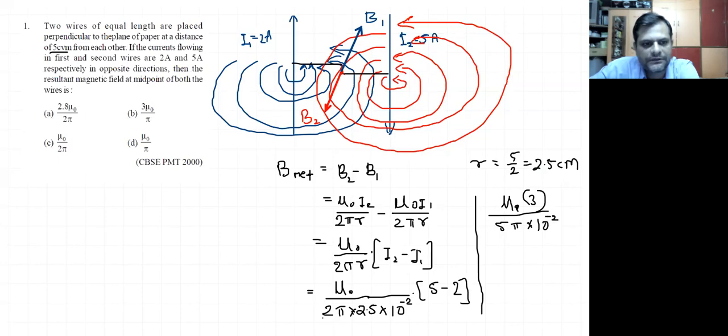Maybe there is some mistake in the question. Maybe here it will be 50 centimeter, I don't know. If it is 50 centimeter, then 25 centimeter means it will become 0.25, and that 0.25 will go up and become 4. Okay, just forget about the answer.